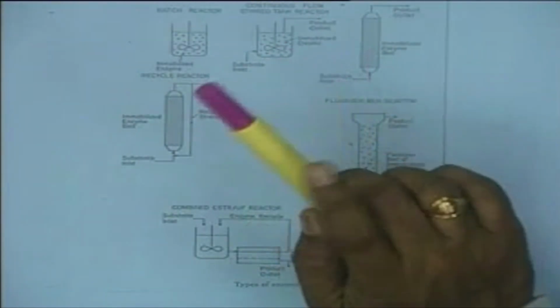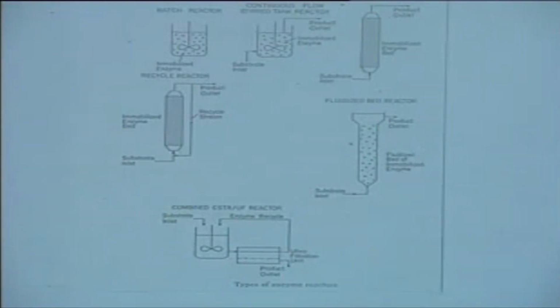A major characteristic of the continuous stirred tank reactor, often designated as CSTR, is that the contents of the reactor are perfectly mixed, or the system is totally homogeneous.